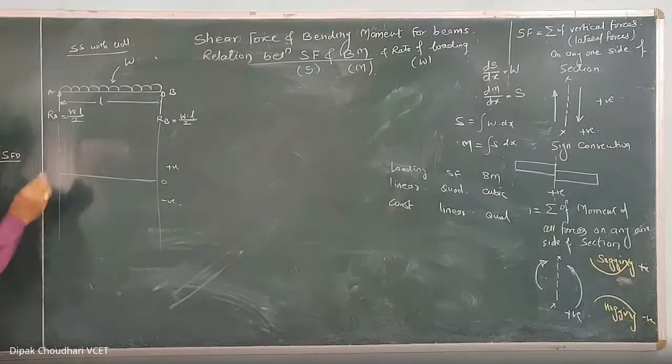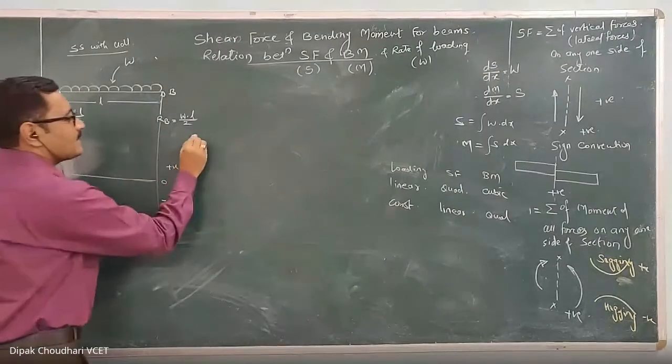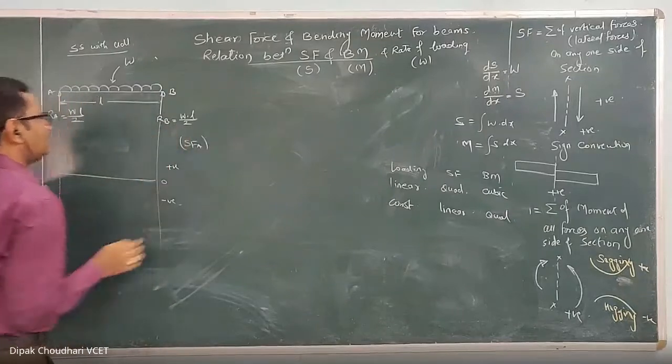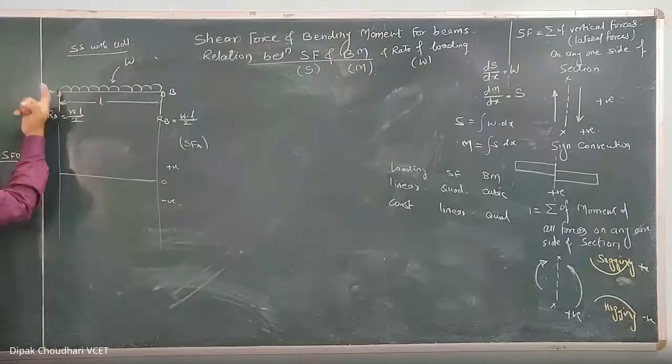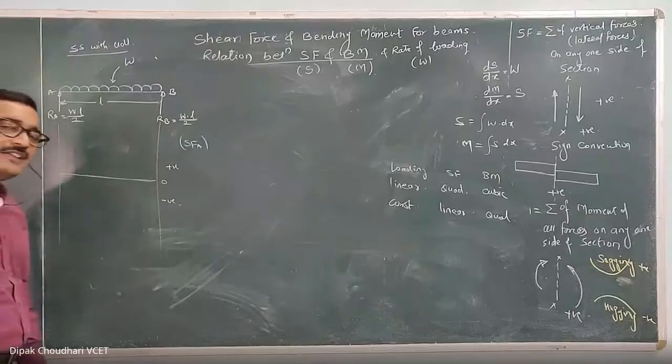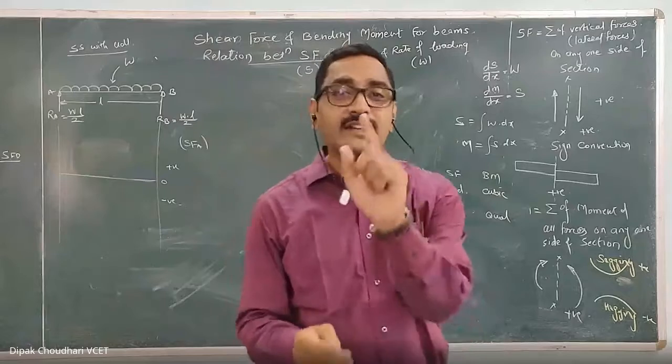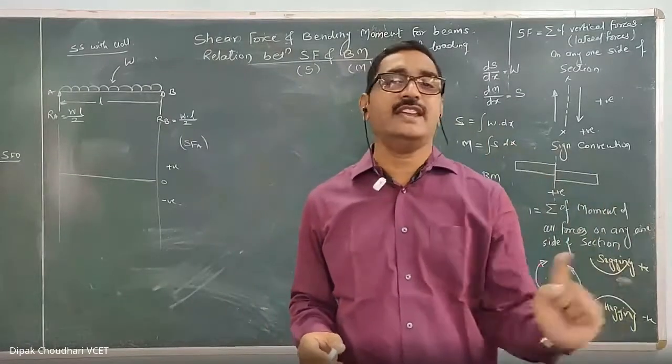Now, first I will start from the left side, and I will calculate the shear force. Can you tell me what is the shear force at point A? Remember one thing. At point A, there is a vertically upward load. Whenever there is a point load, at that particular section there is a sudden change in the shear force diagram.